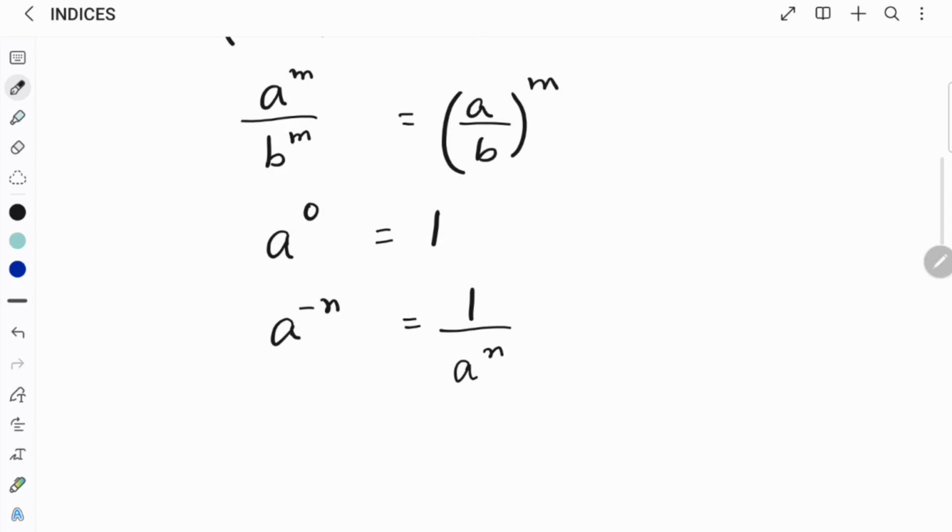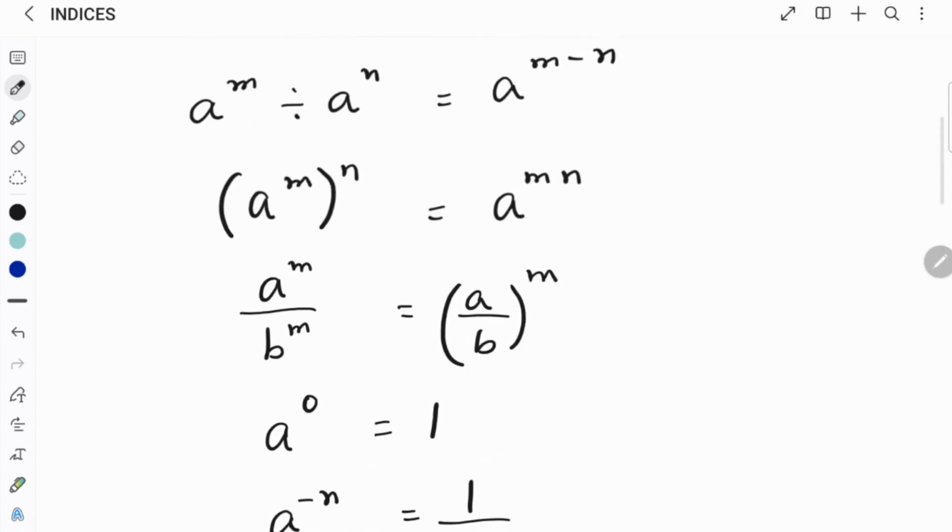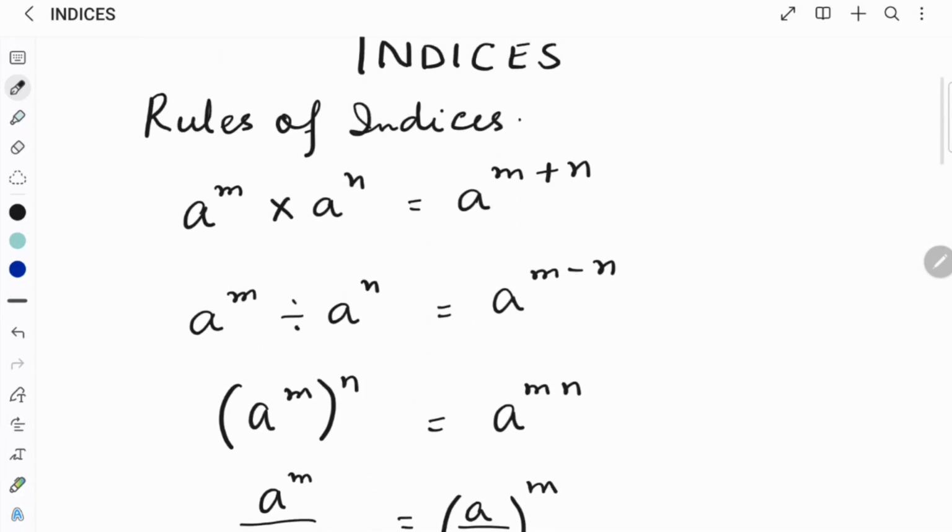And if you have fractional indices, like a to the power 1 upon n, then it will be the nth root of a. For example, if you have a to the power m upon n, then it is the nth root of a to the power m. Let's do some examples for all of the rules.